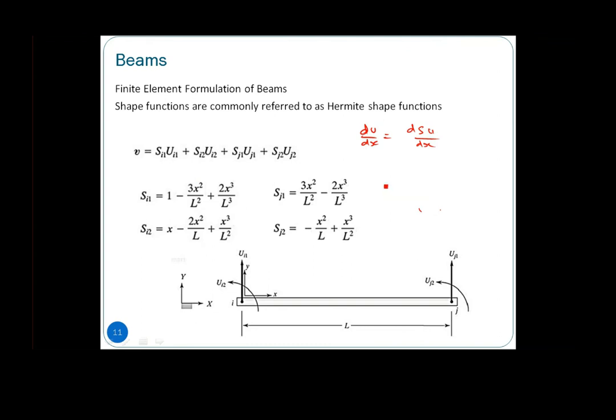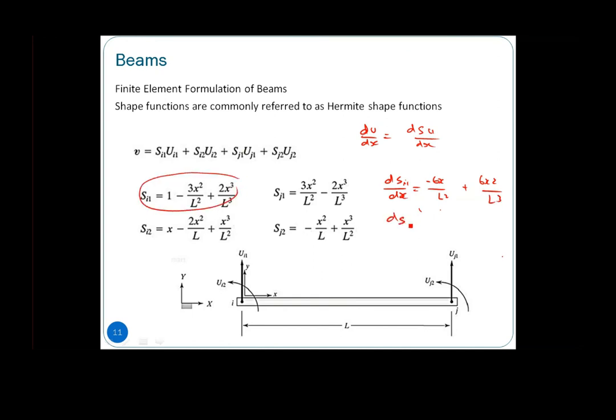So here we are finding dS dx. For example, for Si1 we have negative 6x over L squared plus 6x squared over L cubed.